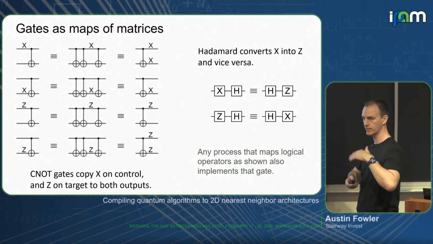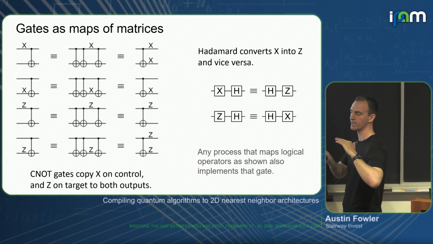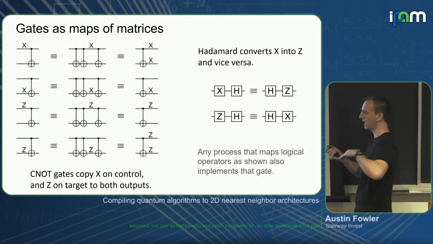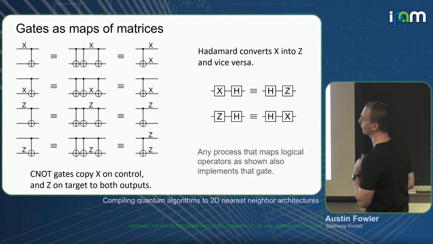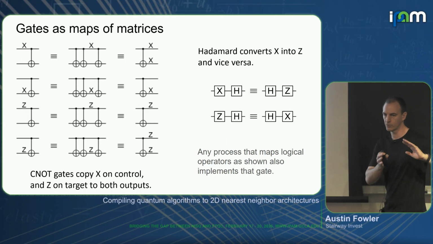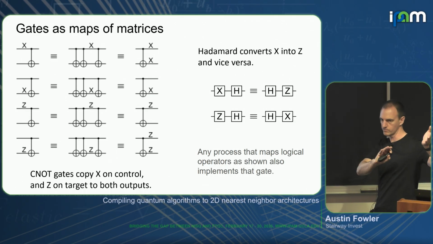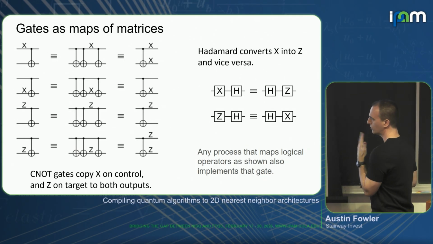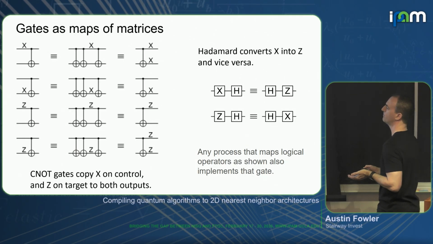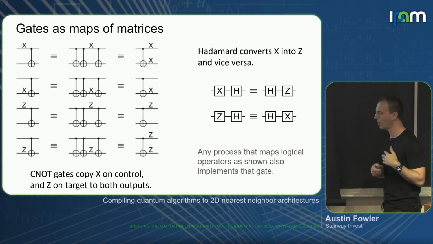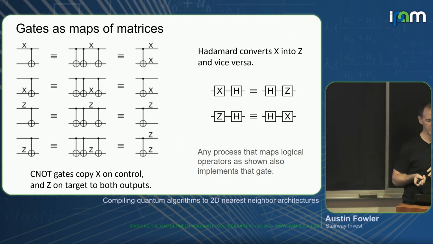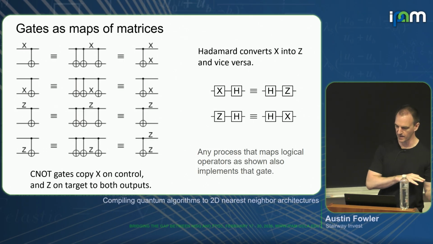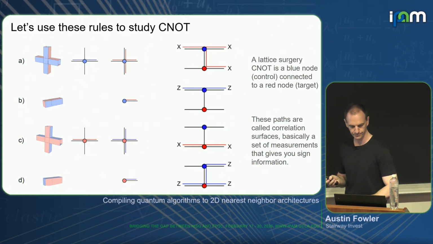We don't have to talk about states in and states out, we can talk about operators in and operators out. Completely equivalent, and for our purposes much more convenient because we have structures that map operators. So we want to move to the operator picture. Same deal with a Hadamard gate. We could talk about its effect on states, but it's better for us to talk about its effect on operators. Any process that maps operators in these manners is this gate.